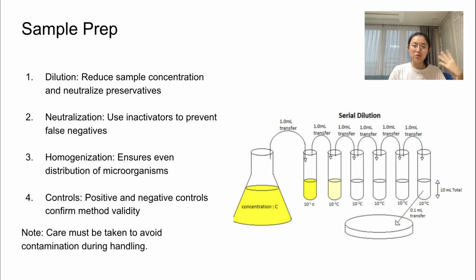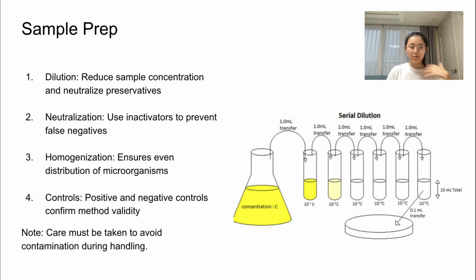Second, we neutralize it. The purpose of this neutralization stage is to inactivate any antimicrobial agents and prevent any false negatives. Third, homogenization, in order to ensure an even microbial distribution across the MLT testing platform.